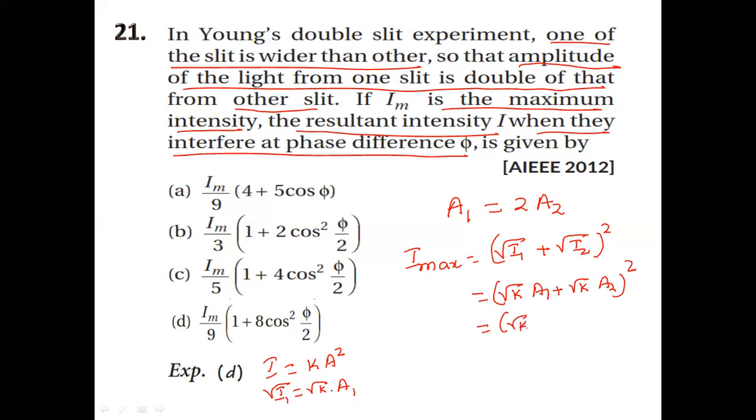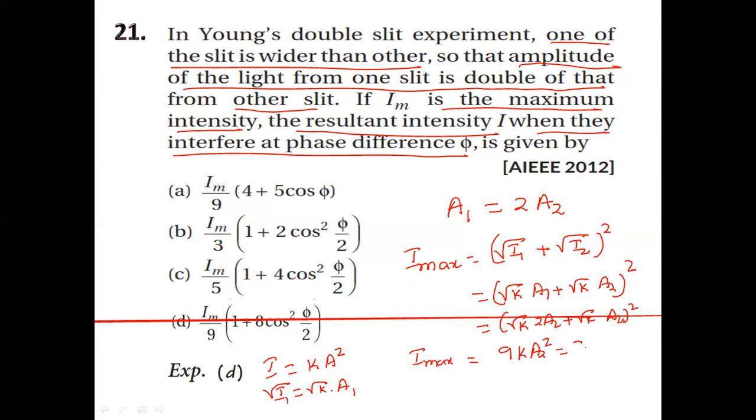So root K times 2A2 plus root K times A2 whole square. So I max is equal to 9K A2 square. That is nothing but 9 times I2. Let us consider this as I naught. That is equal to 9 I naught.